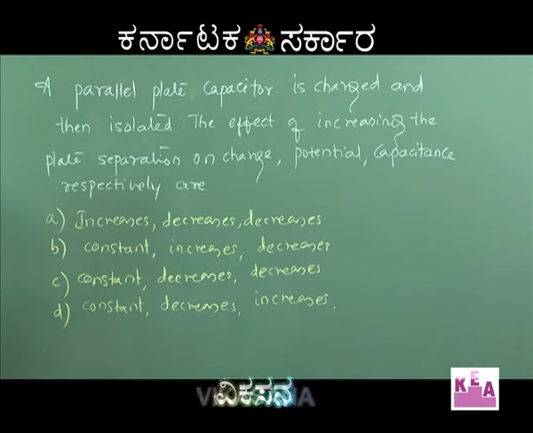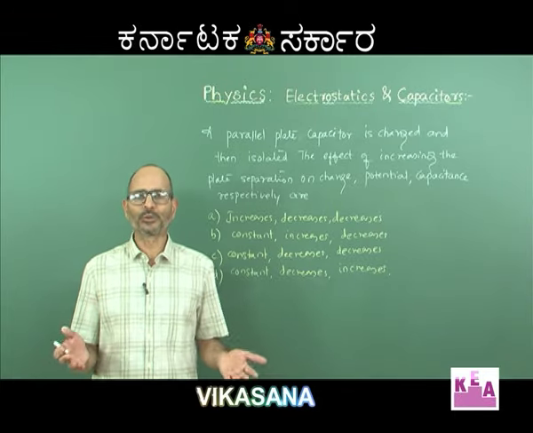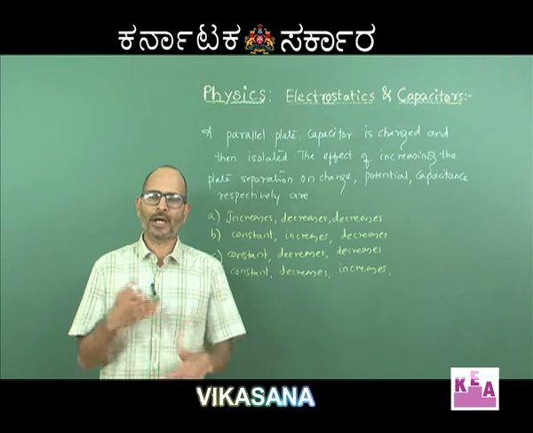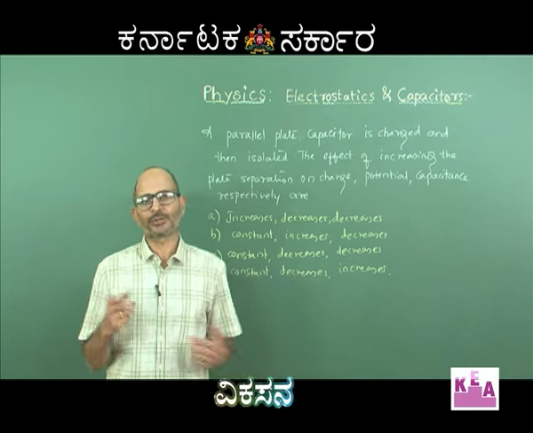Fine? Okay. Now, I told you A epsilon naught divided by D is the formula for the capacitance of a parallel plate capacitor. After having charged, if you isolate that capacitor, if you remove the battery, then there is no question of charge being further added or taken away from the capacitor.